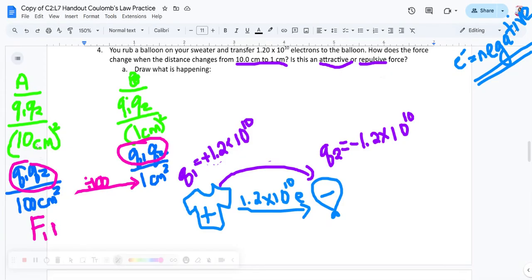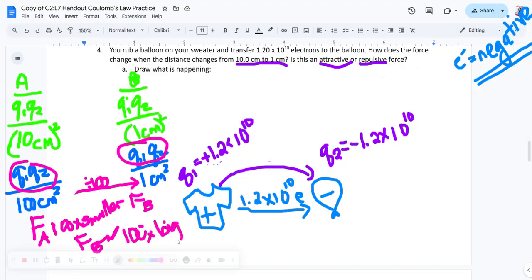So F1, or FA, we'll call it A because it was scenario A, is 100 times smaller than our force in scenario B. You can also say that the force in scenario B is 100 times bigger. So you could also write it that way, right? Either way, and that is how you're going to be thinking about it.